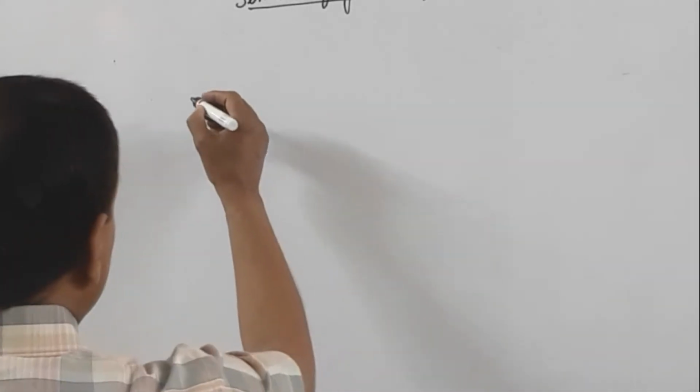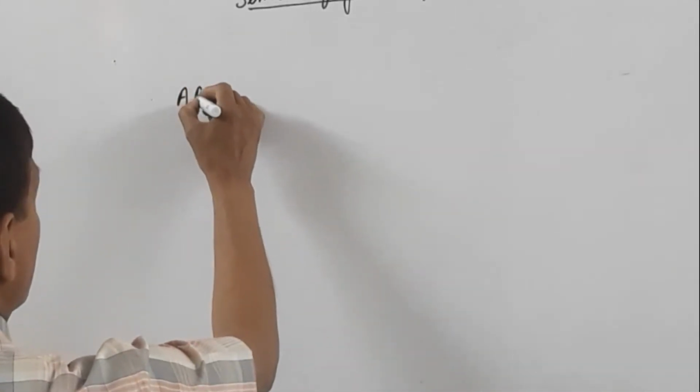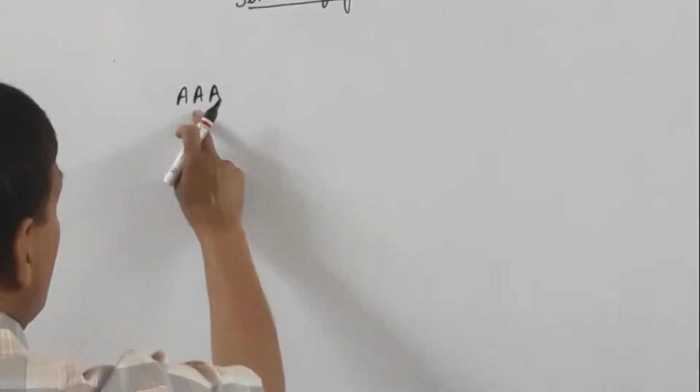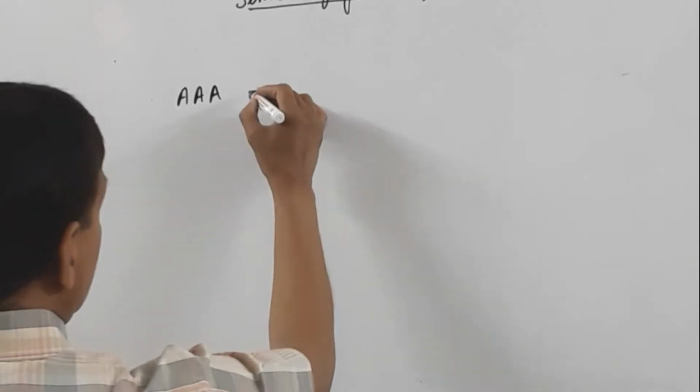The first criteria is AAA, that is angle similarity.